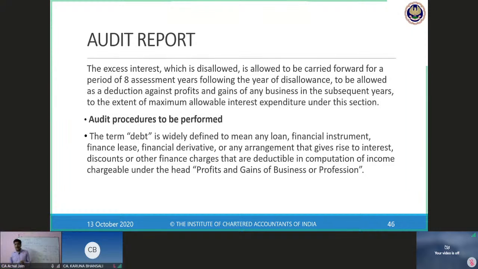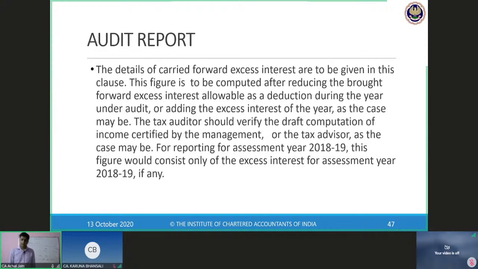The term debt is widely defined to mean any loan, financial instrument, finance lease, financial derivative, or any arrangement that gives rise to interest, discounts, or other finance charges that are deductible in computation of income chargeable under the head profits or gains of business or profession.